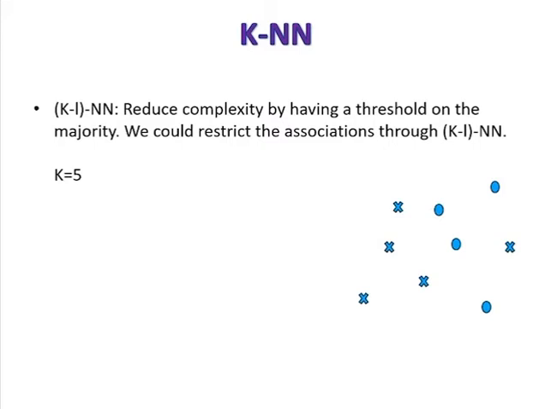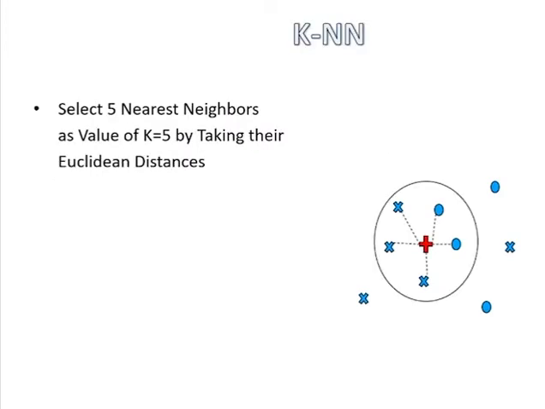I can decide that the K here represents the number of neighbors, so we can vary that. If you choose K equal to 5, it means I'm choosing 1, 2, 3, 4, 5.